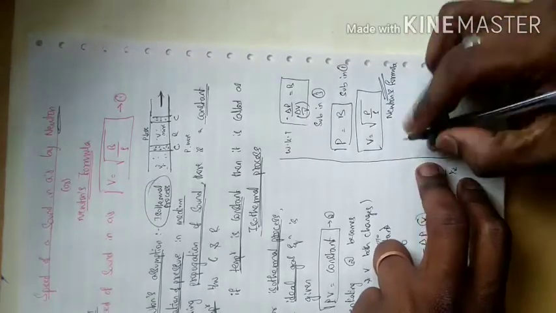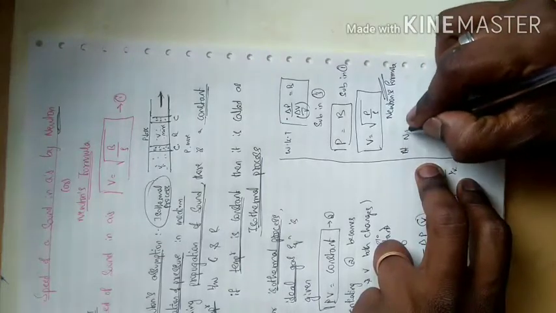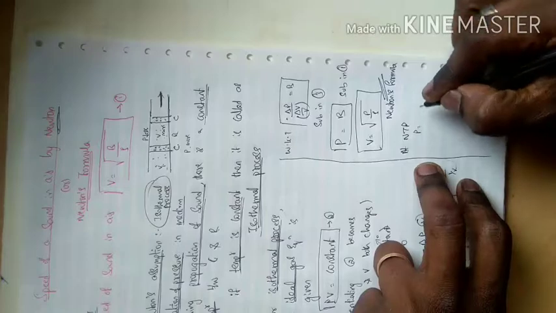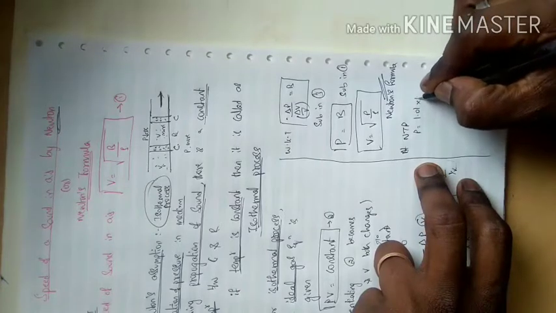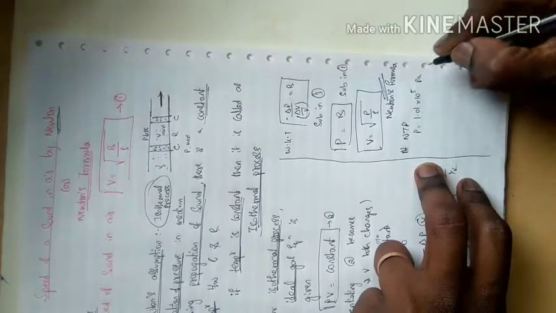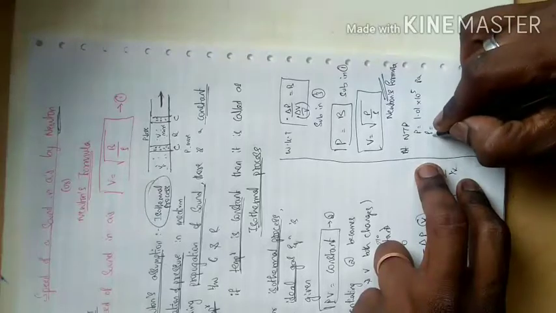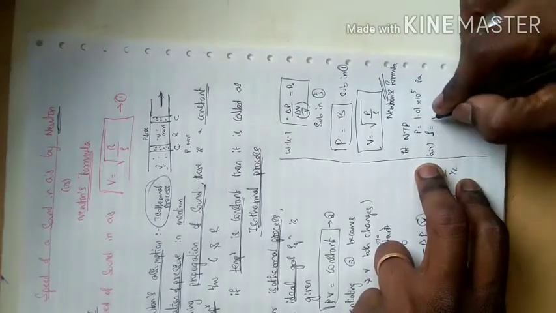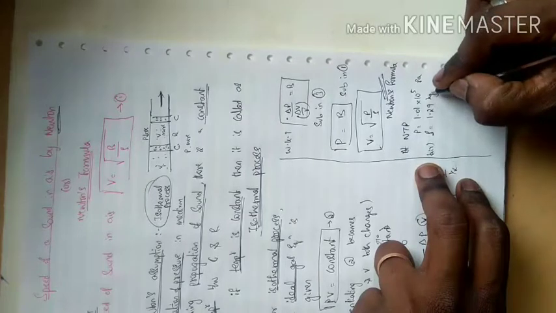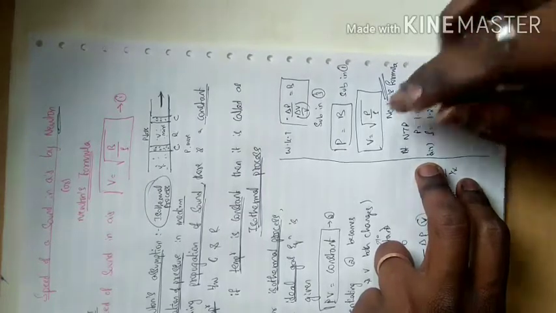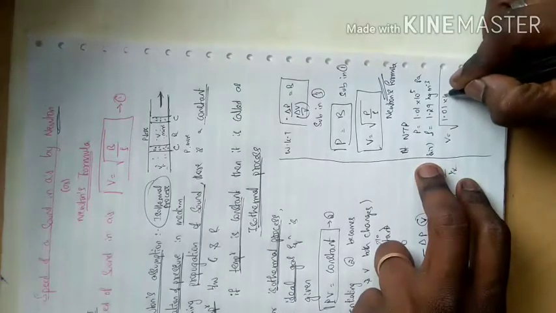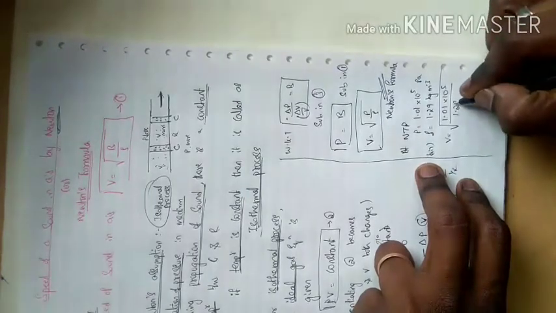Now what Newton did, at normal temperature and pressure, what is the value of pressure he found? 1.01 into 10 to the power of 5 Pascal, and the density of air, rho, for air is 1.29 kg per meter cube. On substituting this, V is equal to square root of 1.01 into 10 to the power of 5 divided by 1.29.